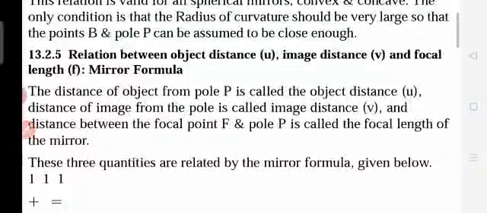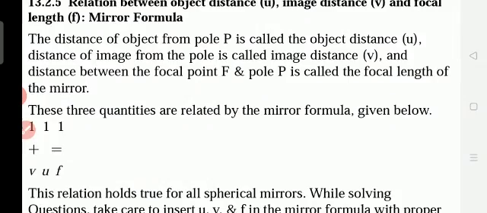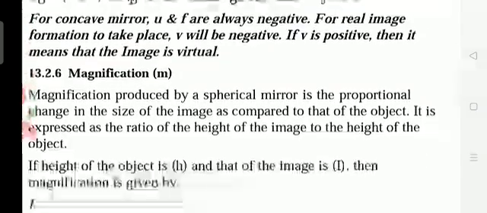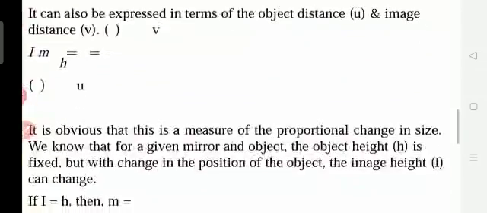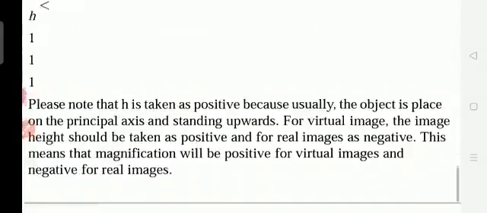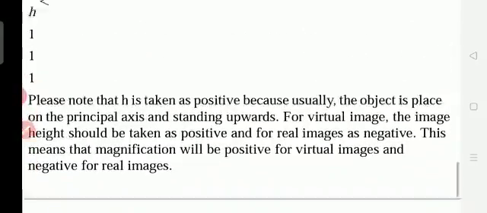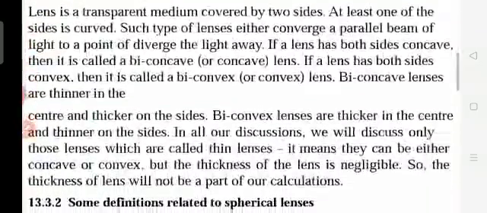Both sides are transparent glass. But concave and convex mirrors are coated on one side, like a plain mirror. These lenses are not coated on either side.